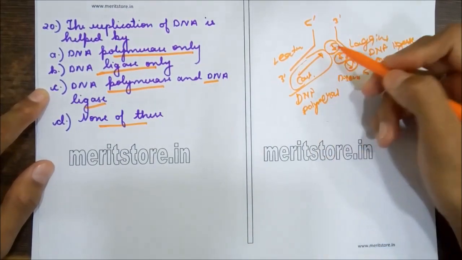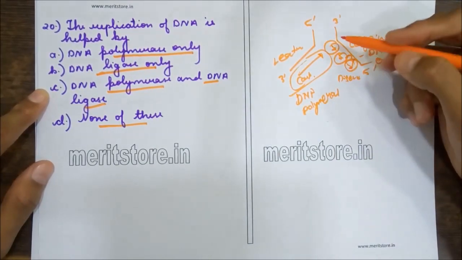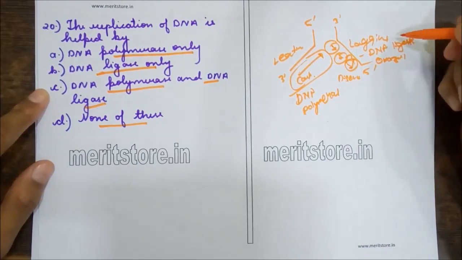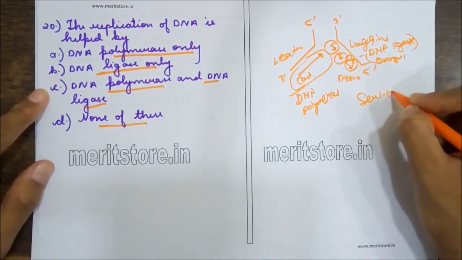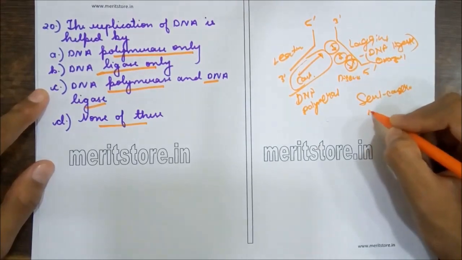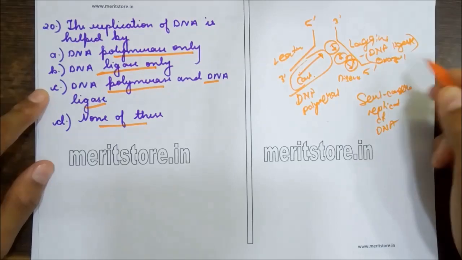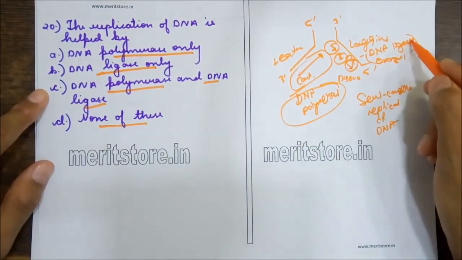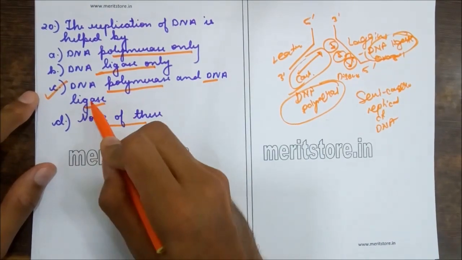So for continuous synthesis we require DNA polymerase, and for discontinuous as well as with DNA polymerase we require DNA ligase as well. So to complete the semi-conservative replication of DNA we require both DNA polymerase as well as DNA ligase. So option C, DNA polymerase and DNA ligase is the correct answer.